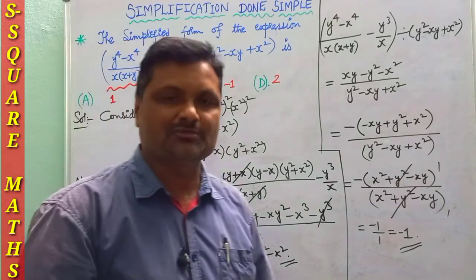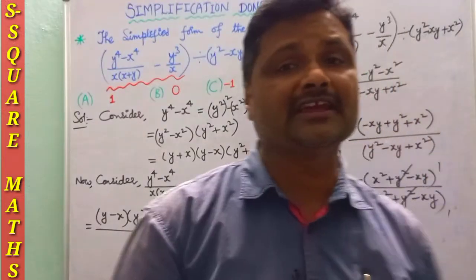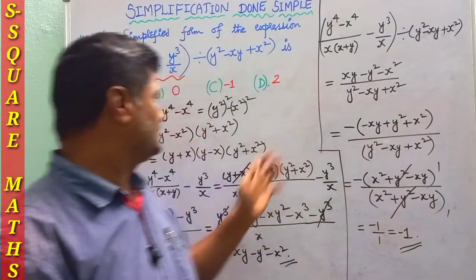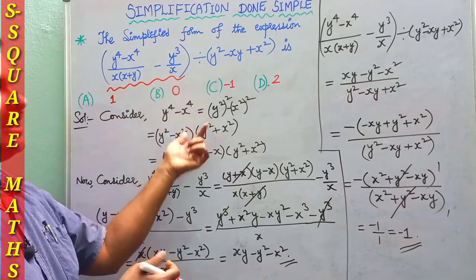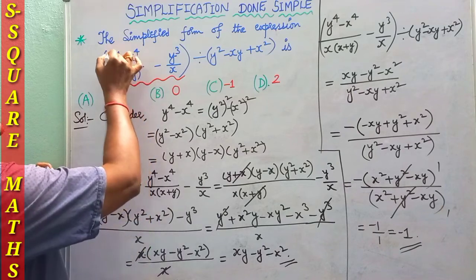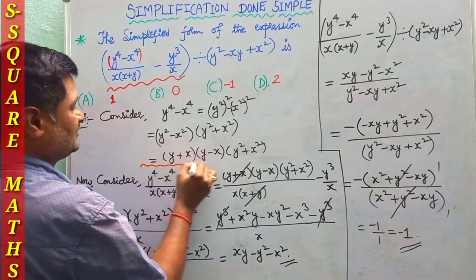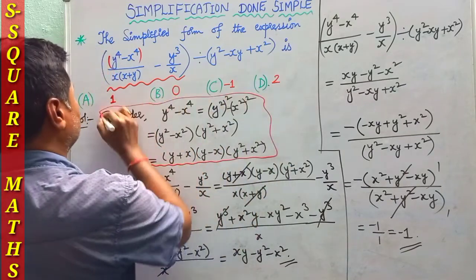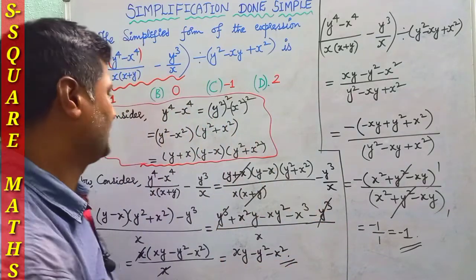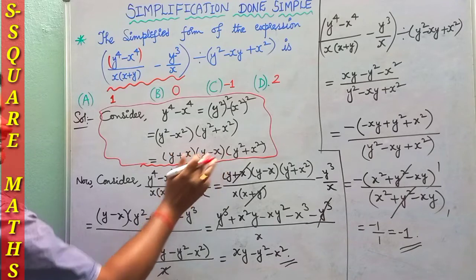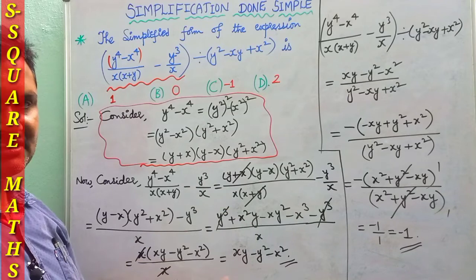In this way the problem can be evaluated. Instead of taking the LCM immediately, in the first step I simplified the numerator part using the algebraic identity a square minus b square twice. Then I substituted, took the LCM after cancellation, and got the numerator.